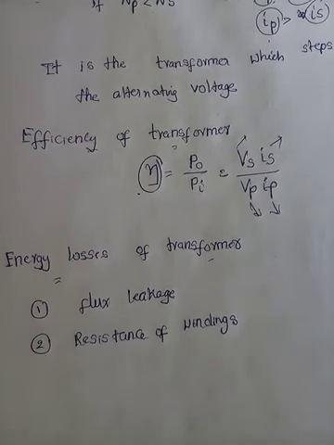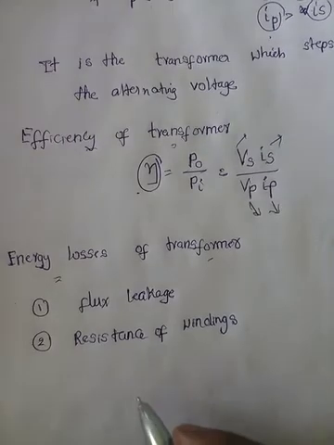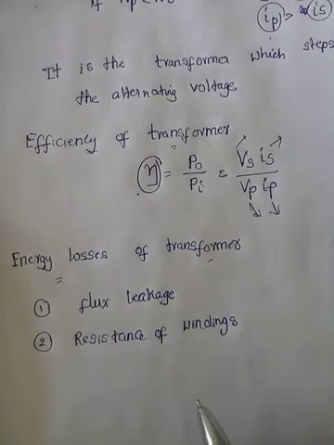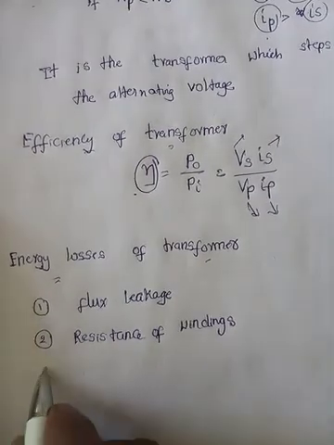That is why we take the wires in small pieces and form a bunch of wires. What happens? When you connect the wires in parallel, the resistance decreases. So the loss of energy due to resistance of the windings can be reduced by connecting the wires in parallel together.